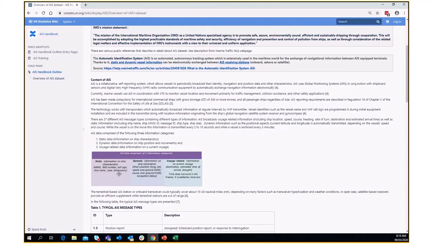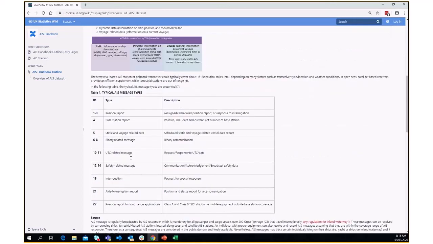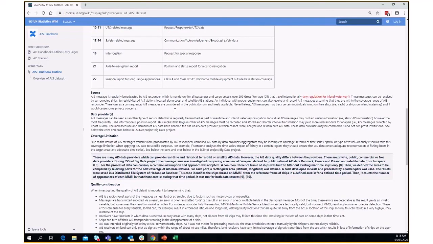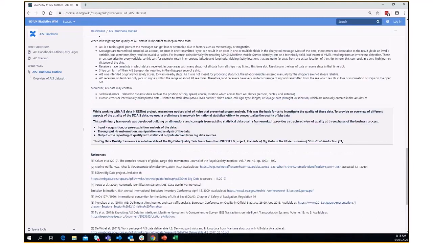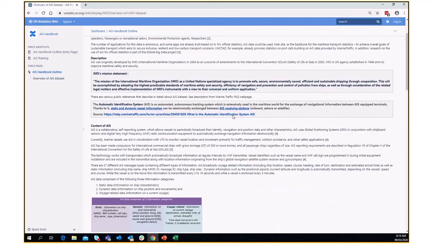So we have static information, dynamic information, and voyage-related information. And they are also sent at different frequencies, depending on if the vessel is moving or if it's anchored. So you get more information about the signal itself. The same here, you get what the typical AIS message types are. So here you get way more information about what the data looks like, what it contains.